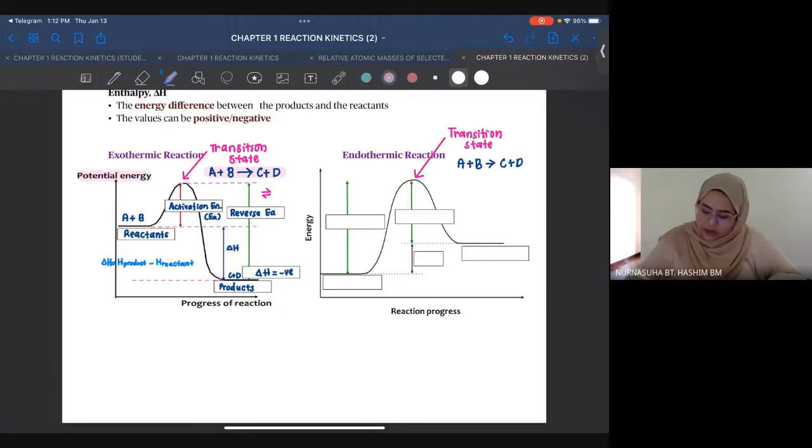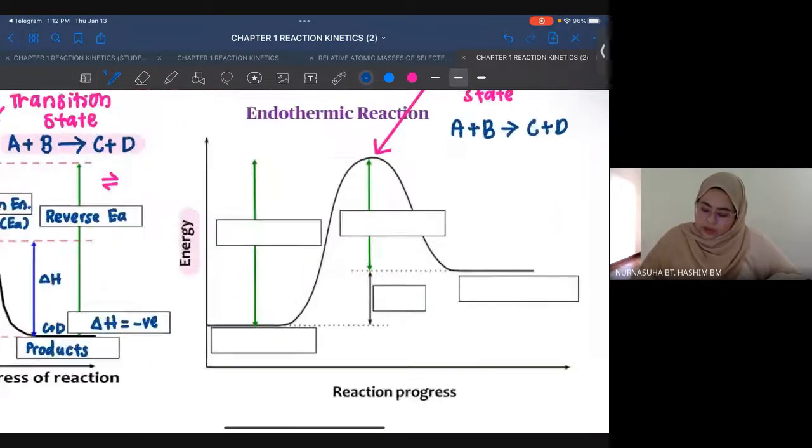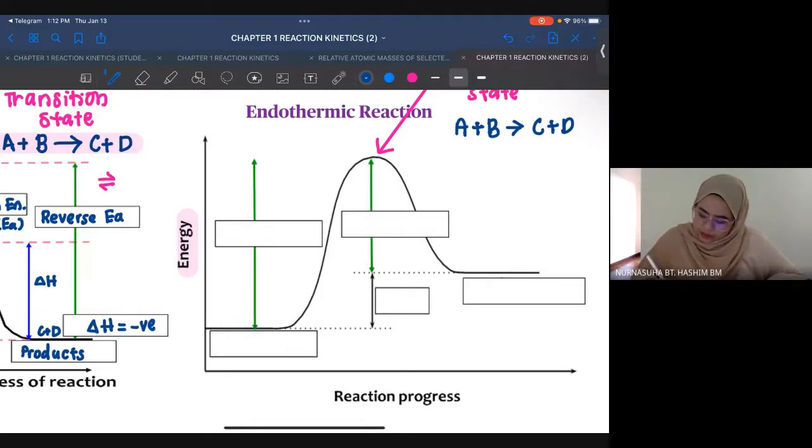Ya, you want to put energy only pun tak ada masalah. Okay, so to label this one, macam biasa, sebelah kiri is always reactant. So label lah A plus B. Sebelah kanan adalah product, C plus D.